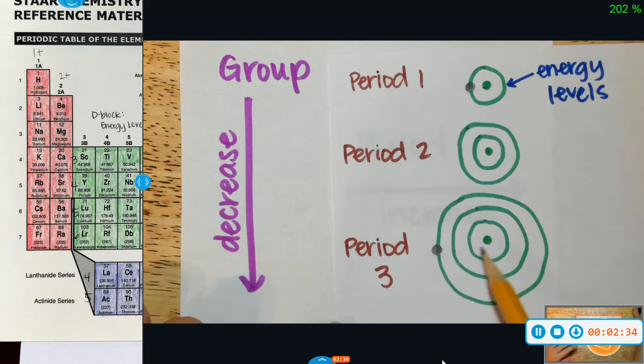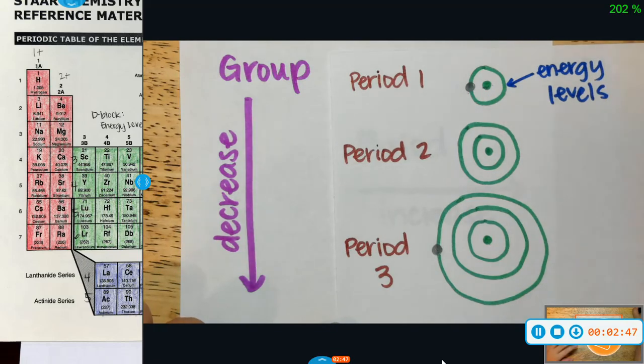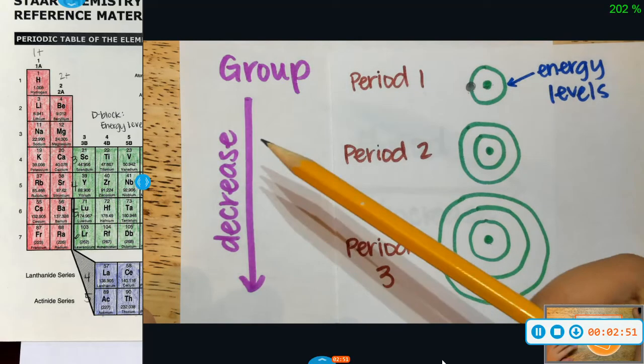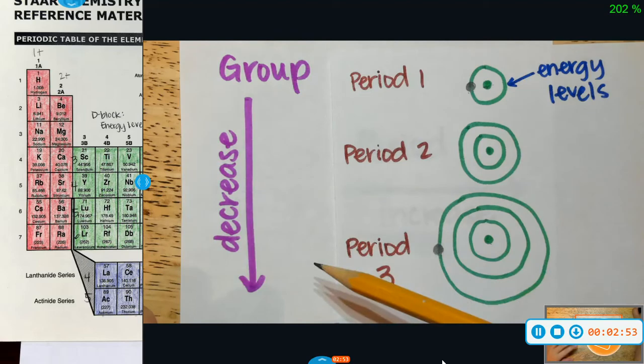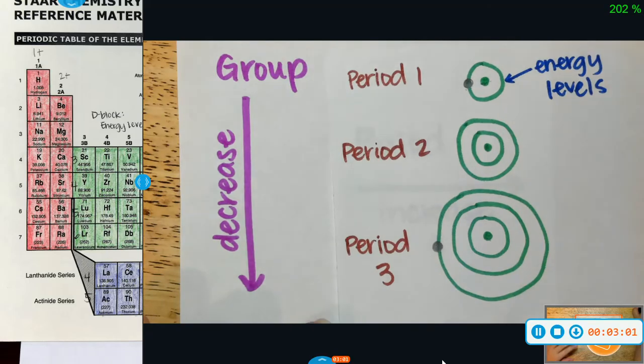We won't need that much energy to break them if they're holding hands, versus subatomic particles that are locking arms. That's why the ionization energy decreases. We don't need as much energy as our valence electron gets farther from the nucleus.